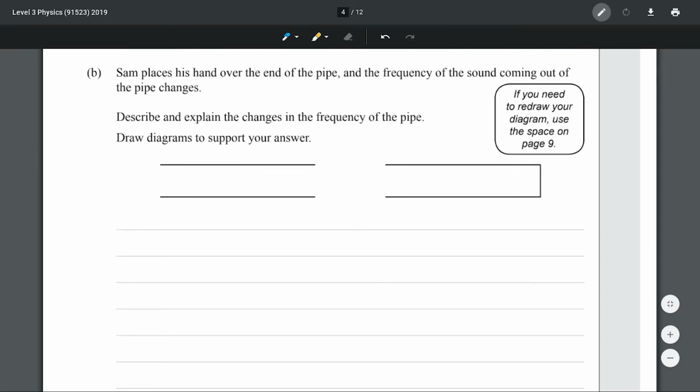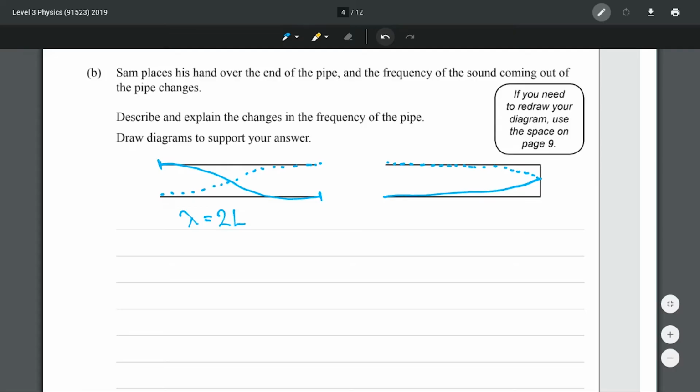Sam places his hand over the end of the pipe, and the frequency of the sound coming out of the pipe changes. Describe and explain the changes in the frequency of the pipe, and draw diagrams to support your answer. Well, let's start off by drawing the fundamental frequency for both an open pipe and a closed pipe. Now, as discussed in the question above, the length of the pipe contains exactly half a wavelength for our open pipe, such that our wavelength is twice the length of the pipe.